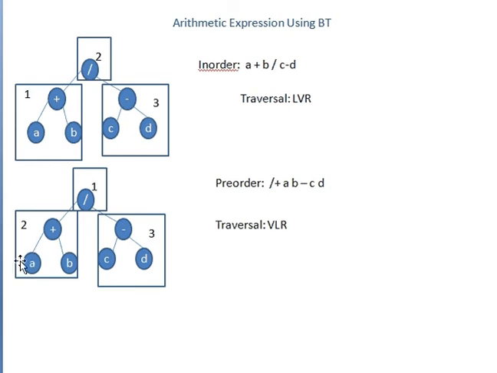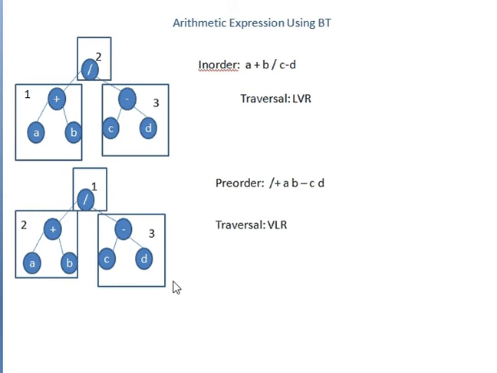This left subtree is second priority now, so you have to visit this subtree. While visiting this subtree, again follow root, left, and right. The root of this left subtree is plus, write that, then on the left it is A, then on the right it is B. So this is scanned completely, and the elements are displayed.